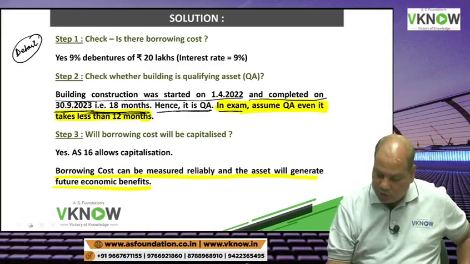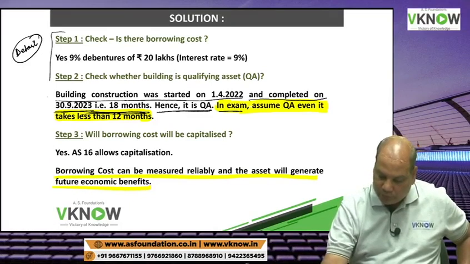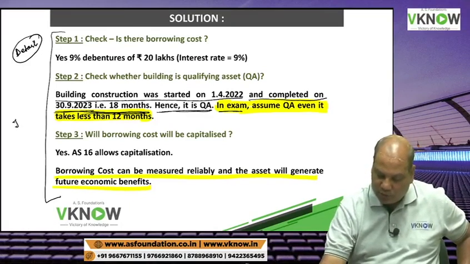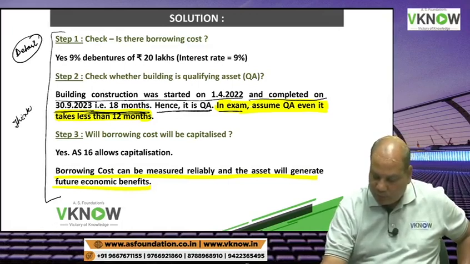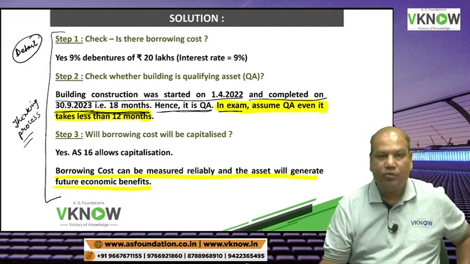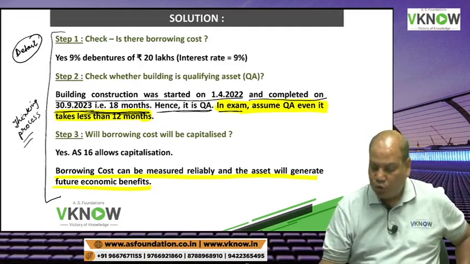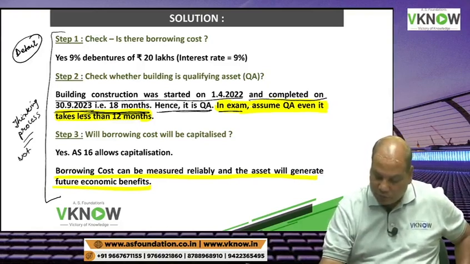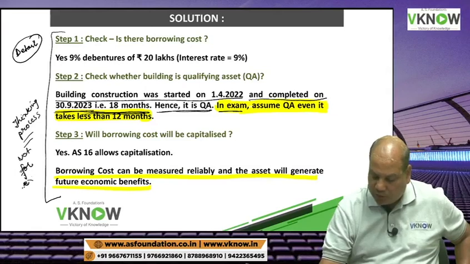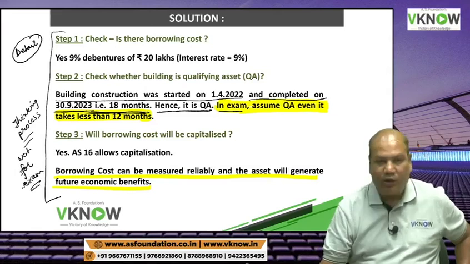Now, this is called the thinking process. Before you start applying the standard, mentally we have to apply these steps, not for the exam. We don't have time in the exam, but mentally we have to see whether this question will come under accounting standard 16 or not.